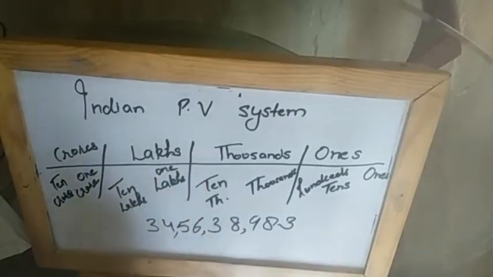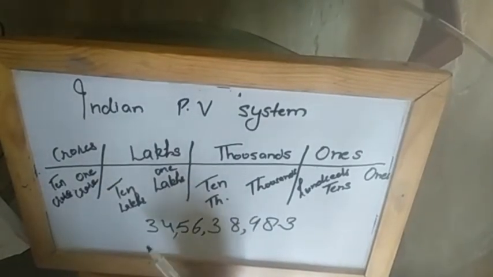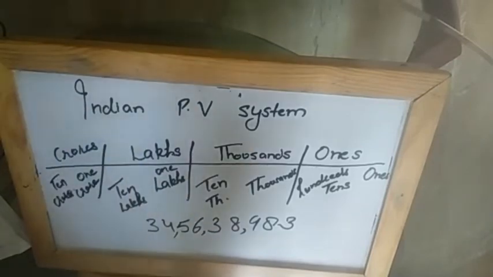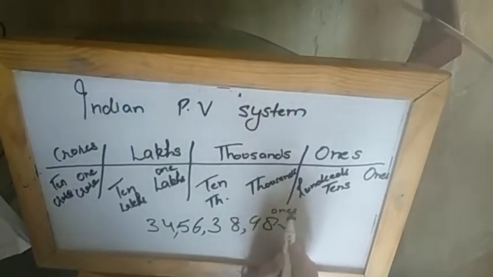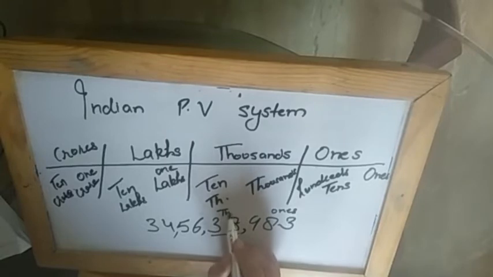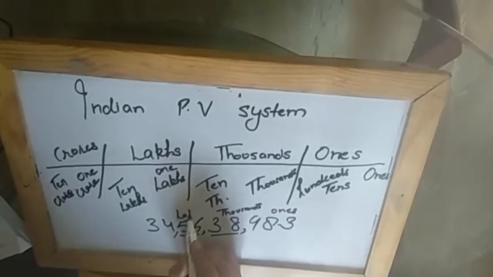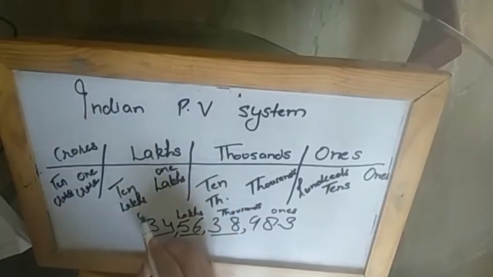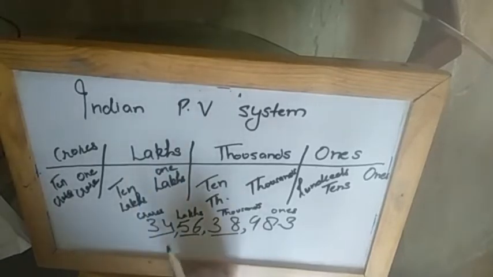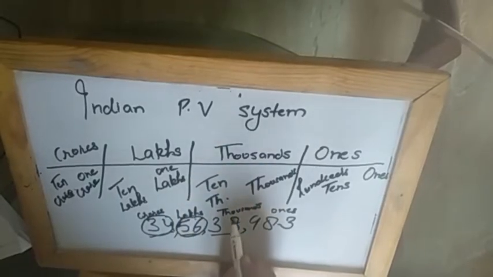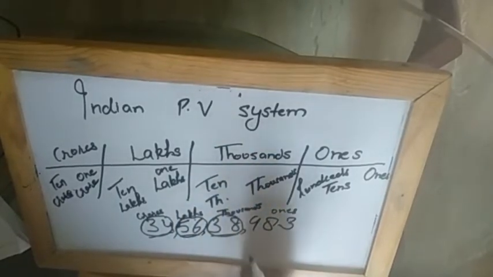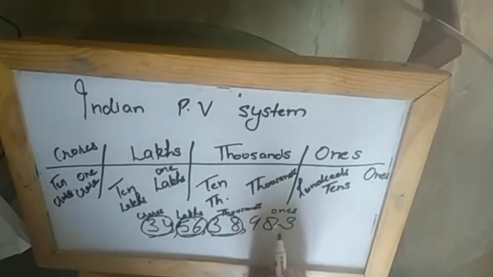And if I have to read this number, I will say 34 crores. So this belongs to the period ones. These next 2 digits belong to the period thousands. These next 2 place values belong to the period lakhs, and this is crores. So I will read this number as 34 crores 56 lakhs 38,983.